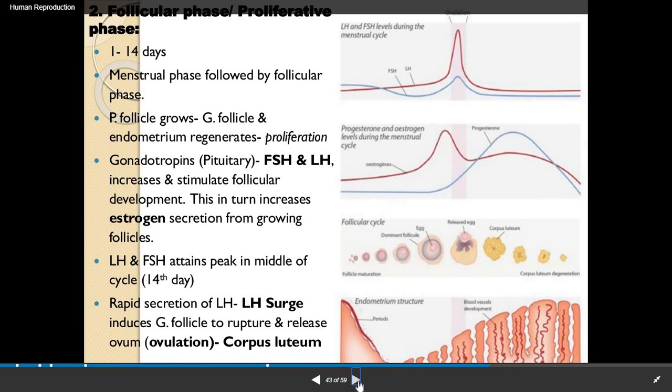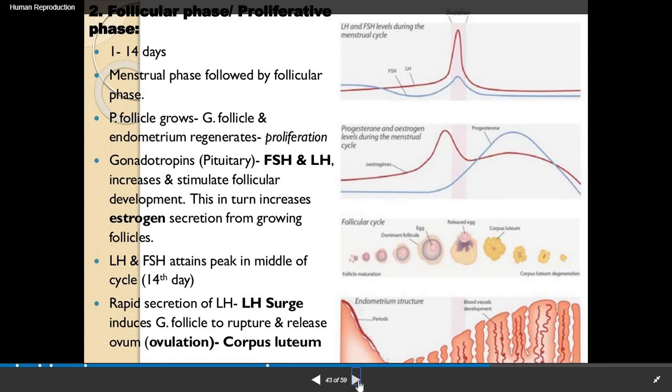Second, the follicular phase, which is also known as the proliferative phase. This phase lasts about 1 to 14 days, and the menstrual phase is followed by the follicular phase. Here the primary follicle grows and is converted into the Graafian follicle, and the endometrium proliferates.